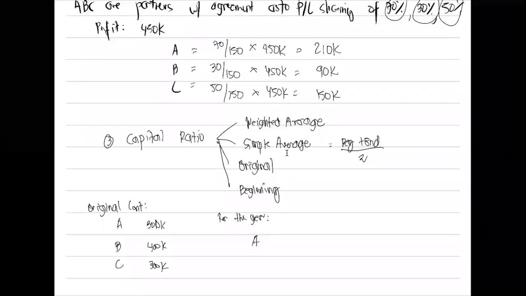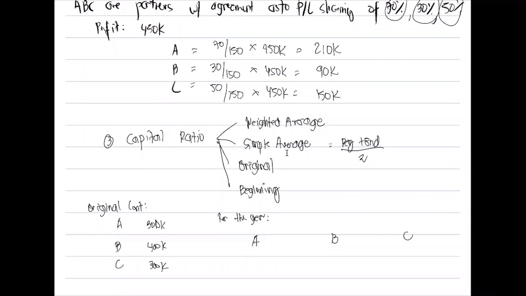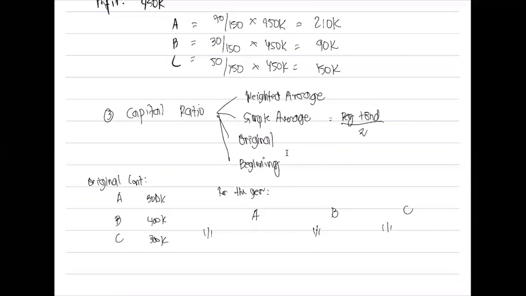So the beginning, January 1 of A, January 1 of B, and January 1 of C. Let's say the January 1 of A is 280, 470, and then 250. Those are the beginning capital of A, B, and C.